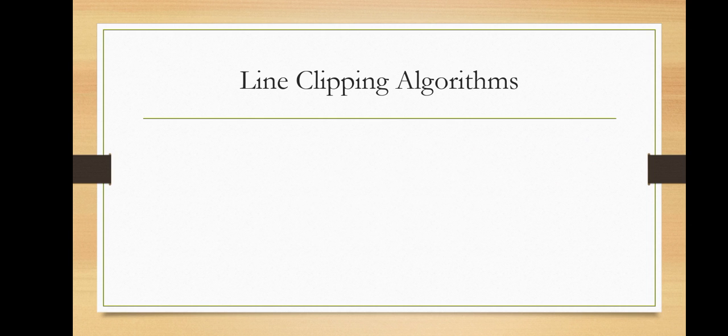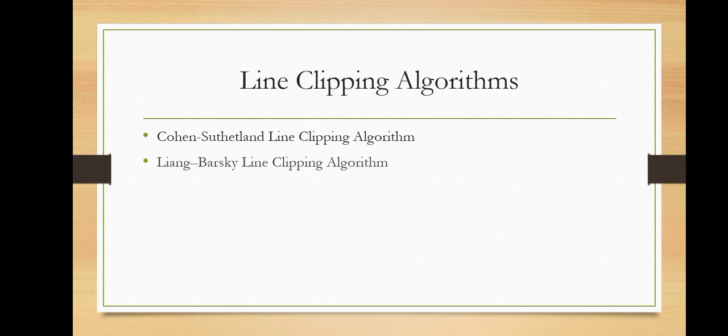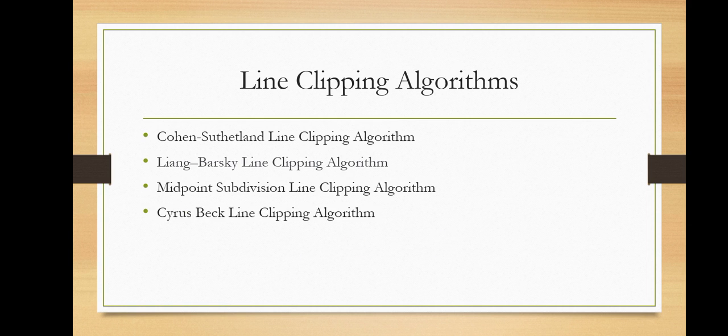There are various line clipping algorithms: first, the Cohen Sutherland line clipping algorithm; next, the Liang Barsky line clipping algorithm; then the midpoint subdivision line clipping algorithm; and one more, the Cyrus Beck line clipping algorithm.